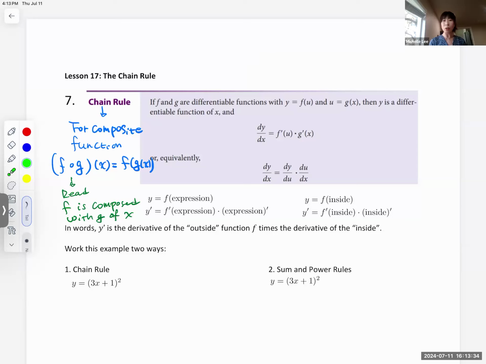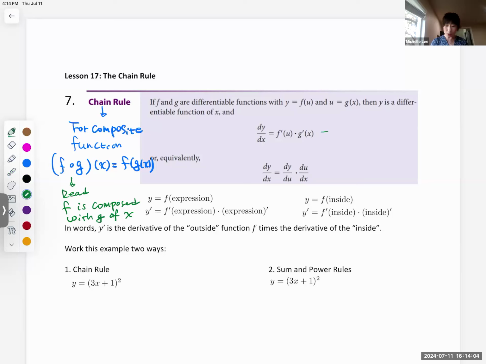Okay, now in that case, how do we take the derivative? So we have this rule: y equals f of u, and then u equals g of x, then y is a differentiable function of x, and we have dy over dx equal to f prime of u times g prime of x, right?